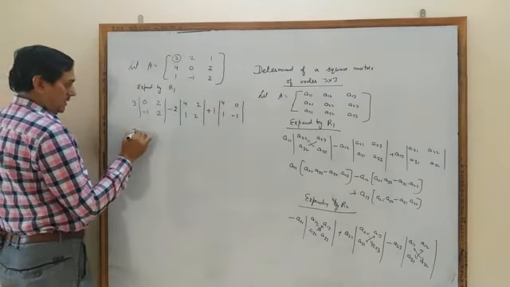Now it is plus 2, 3 times 6 is 6 times 12, and minus 4. It is minus 10.